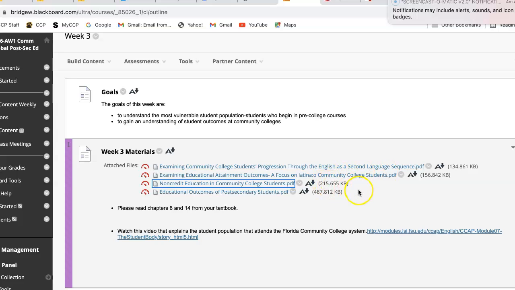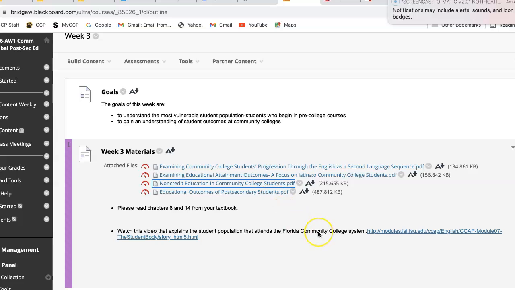Same thing with the Latina students. What is their outcome? And there's also the population that starts with non-credit. They don't get any credit, but they gain some skills, and what is their outcome? And in general, what is the outcome of students who begin in these kinds of post-secondary institutions such as community colleges? So those are the 4 articles.